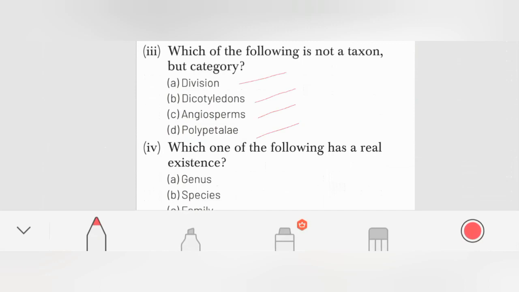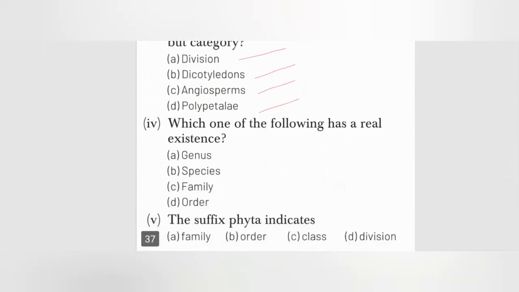Yes, the answer is A, that is the division. It is not a taxon but a category. Fourth one, which of the following has a real existence? Options are genus, species, family, order, and the answer is B, that is the species.